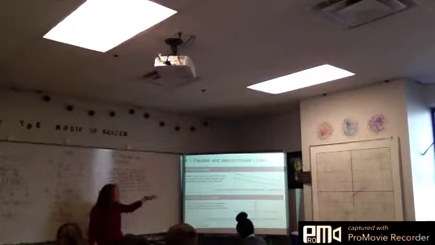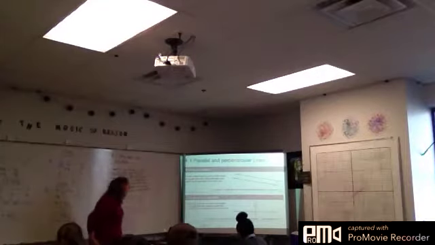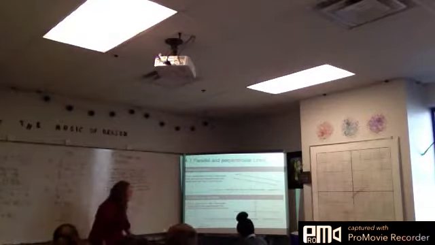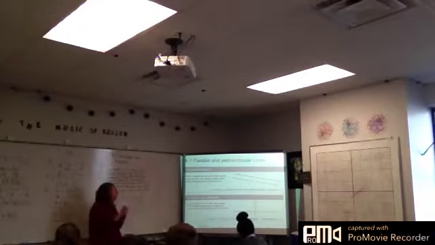Okay, parallel postulate. You don't have to necessarily write all of this down if you can comprehend what this is saying. It says, given a point not on a line, there exists only one line that passes through that point and is parallel to the first line.